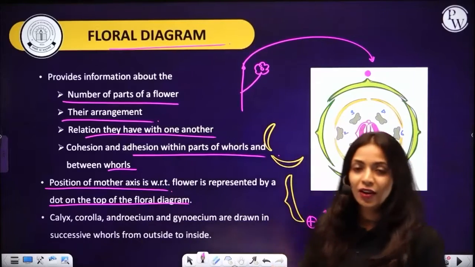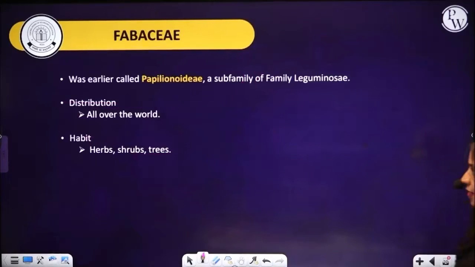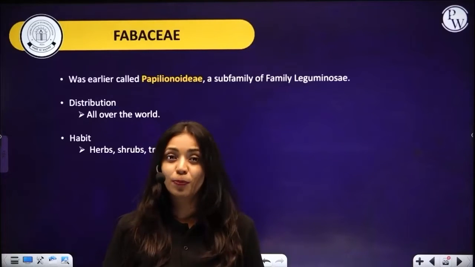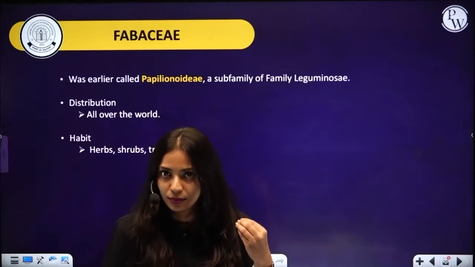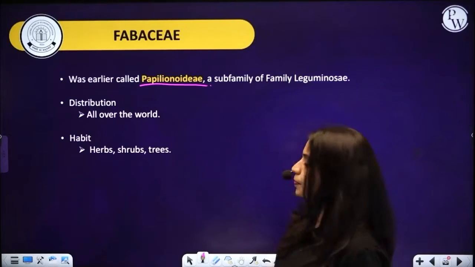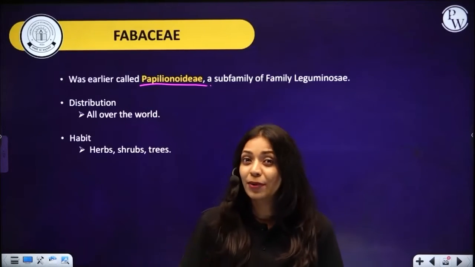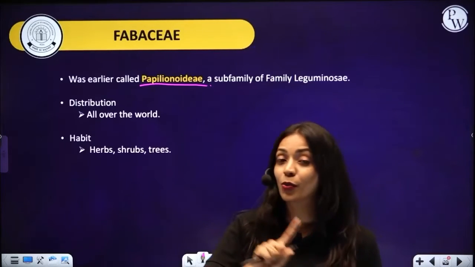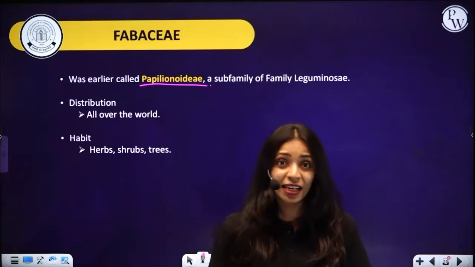All right. Now let's talk about family Fabaceae. Family Fabaceae is basically the pea family, which include your pulses. So this family was earlier called Papilionoideae. Remember I told you about Papilionaceous corolla? When I discussed aestivation with you, we learnt about one type of aestivation called vexillary aestivation.